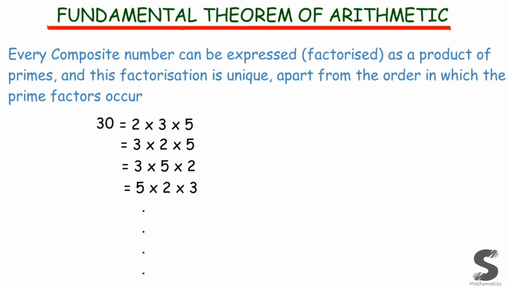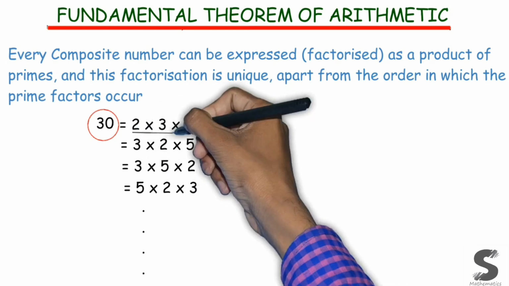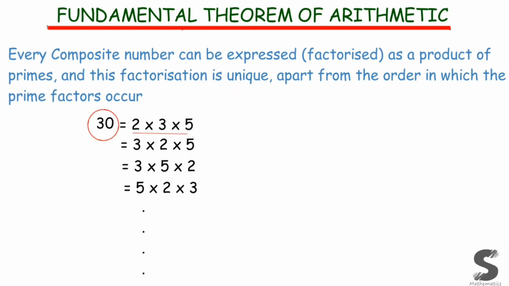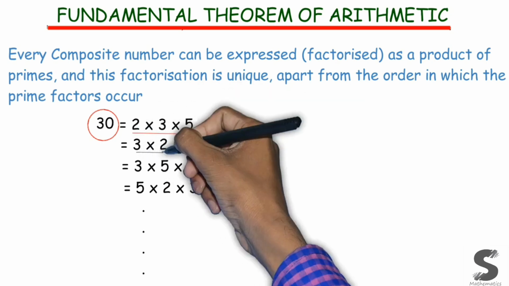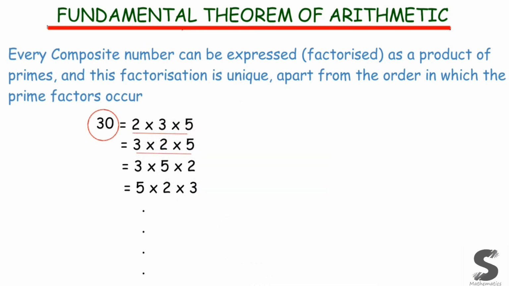Now in all these prime factorizations we can clearly notice that all prime factors are the same, and even though they are in different order, the prime factorization is unique.